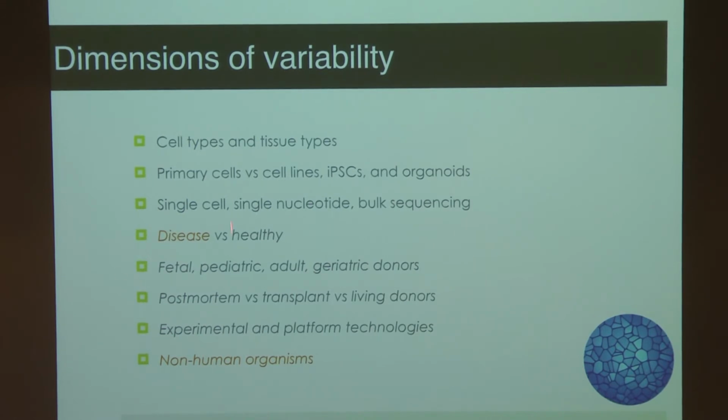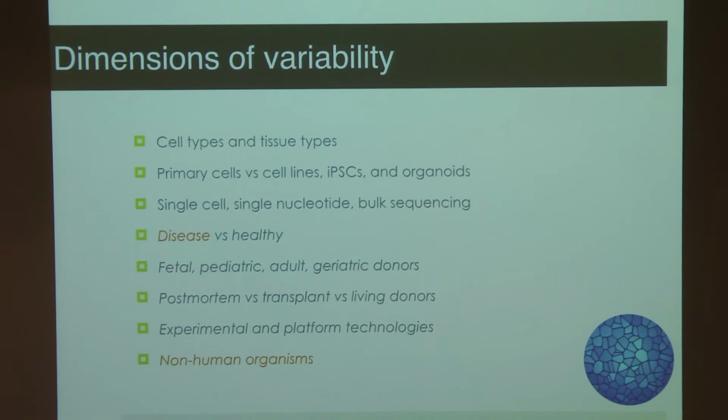Disease versus healthy. I should say that italics represents metrics or questions that I think may be cell type specific, and brown represents ones that I felt from the white paper may be pushed to round 2. So disease versus healthy samples; fetal, pediatric, adult, and geriatric donors; all of these are going to make a big difference.